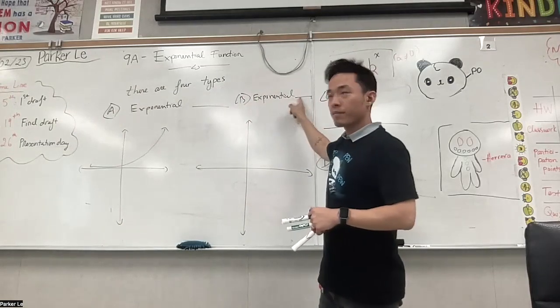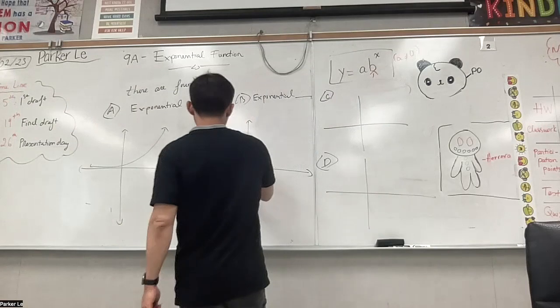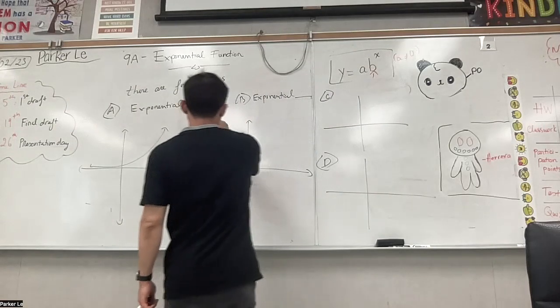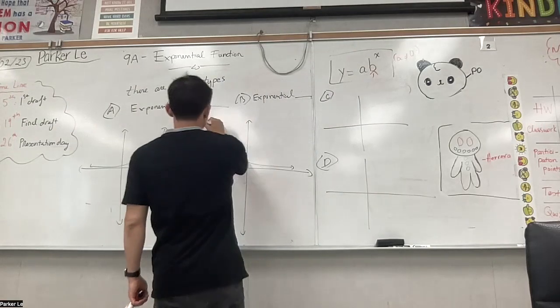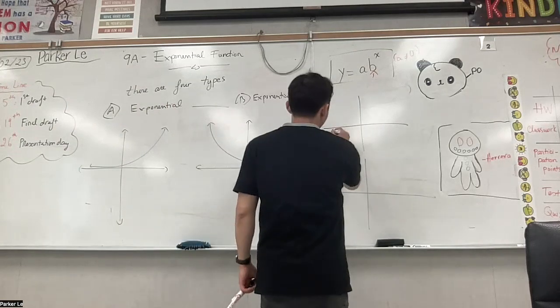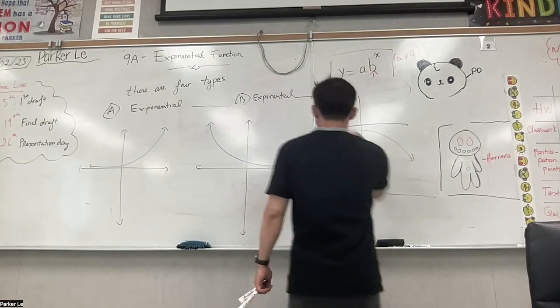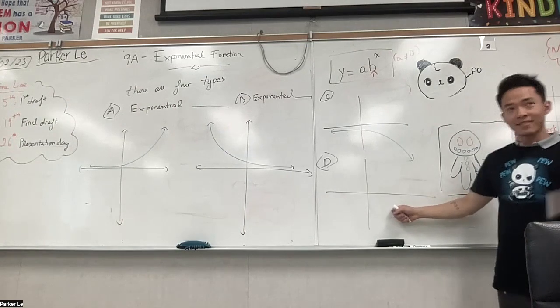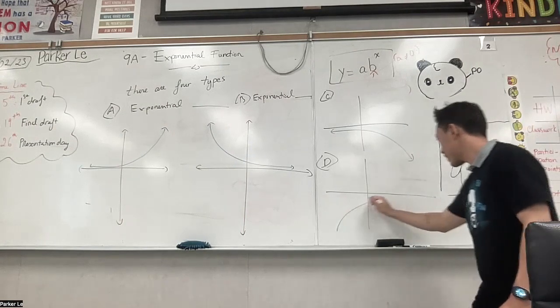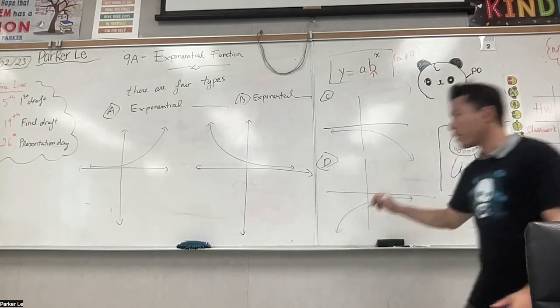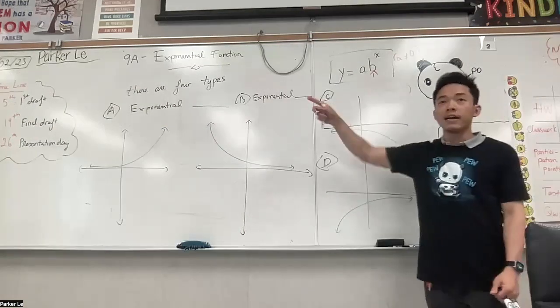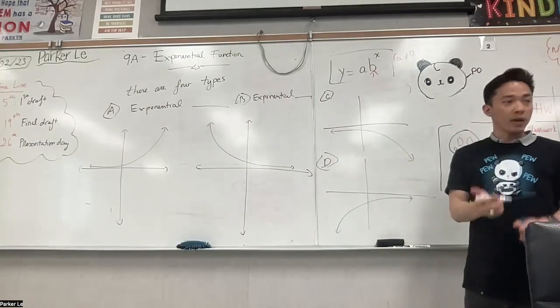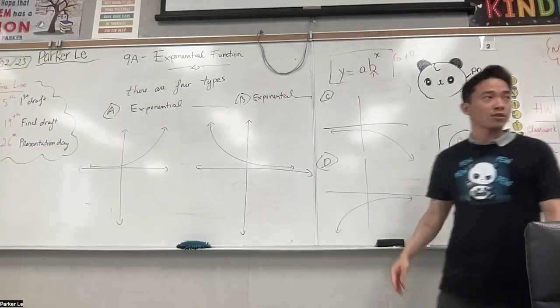Exponential, but there's a blank because you haven't figured it out. What do you think the last one looks like? This one. Good, 1 point for Yasmin. Only 4 types. If you graph this, it must fall into these 4 types. If you get something crazy, not like this, that means it's wrong.